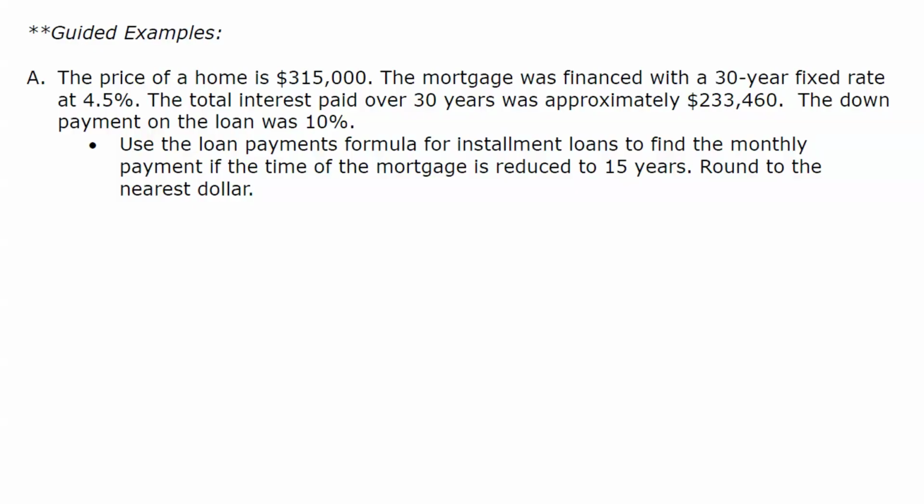The first thing we need to do is determine the mortgage that we would be paying. We know the price of the home, but we also made a down payment of 10%. So we're not actually taking a loan amount for the $315,000 because we paid 10% already.